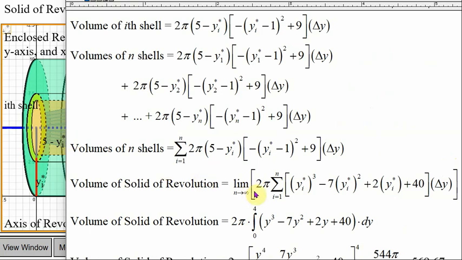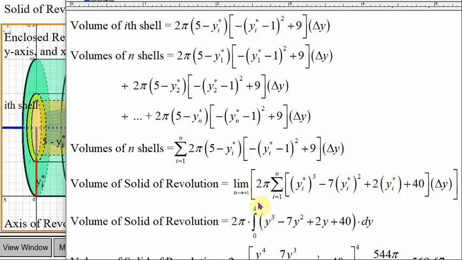For an infinite number of shells, this is how we would write it. All of this, if we simplify it, comes out to be 2 pi times y sub i star to the third minus 7 y sub i star squared plus 2 times y sub i star, plus 40.